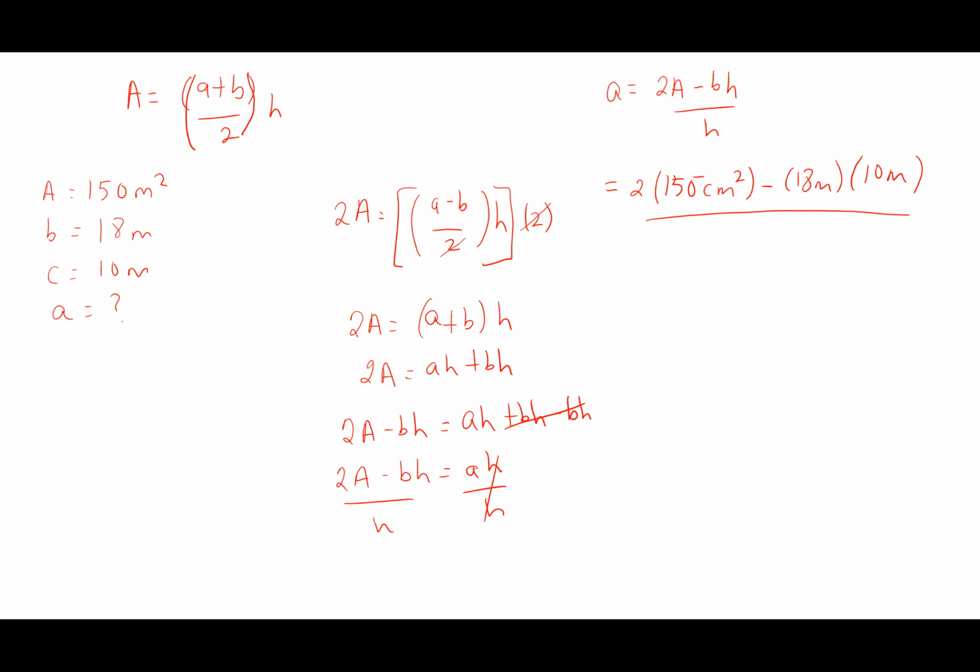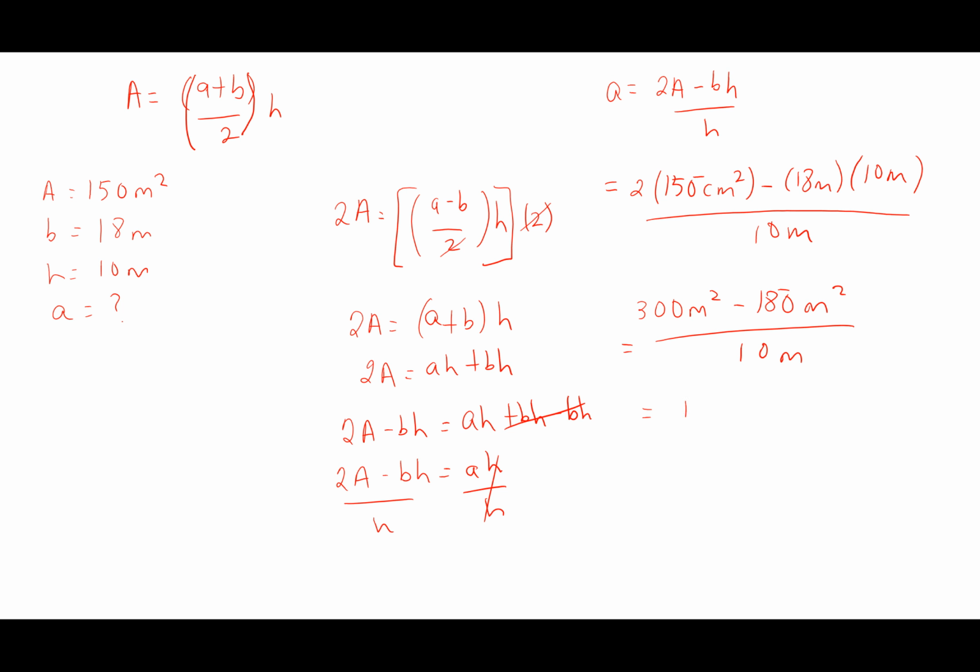Oh, this should be h, not c. I wonder where that comes from. h, which is 10 meters. So when we solve all that, we're going to end up with 2 times 150 is 300 meters squared, minus 18 times 10 meters is 180 meters squared, and all that divided by 10 meters.